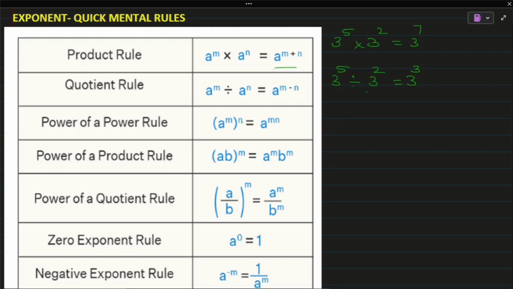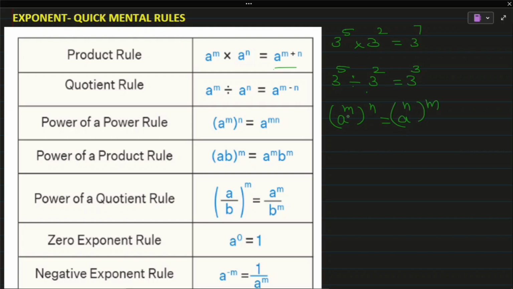Now the next one, power of a power. That is a raised to m, whole raised to n, which is equal to a raised to mn. You can multiply these powers. This a raised to m whole raised to n is the same as a raised to n whole raised to m.